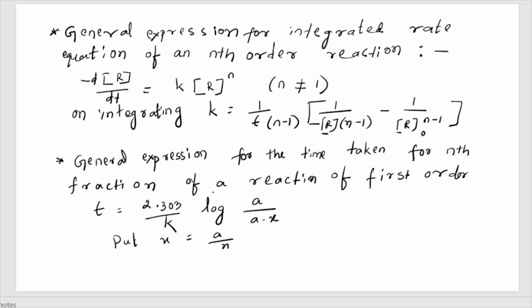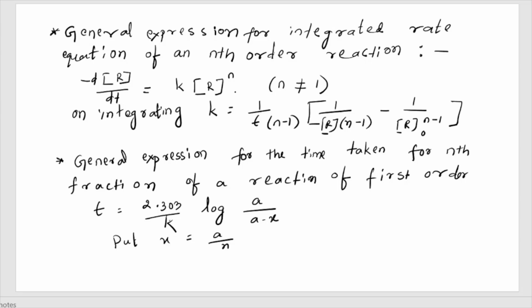So if you find the general expression for the nth order, then minus d R molar concentration by dt, that is the instant value, that is equal to rate also. And from the rate law we know K times the molar concentration R to the power n.